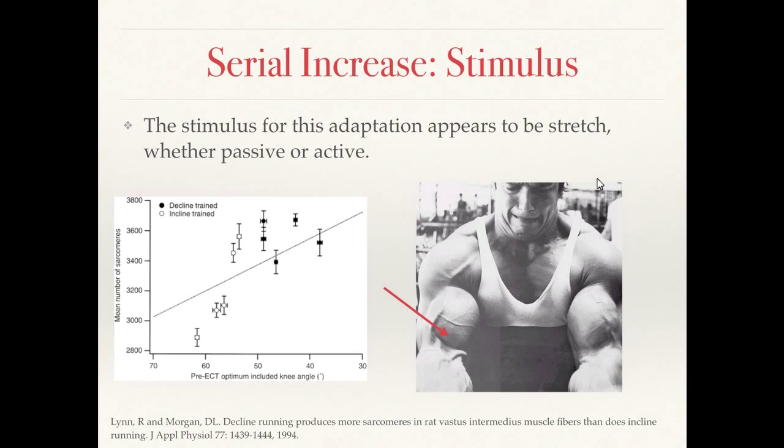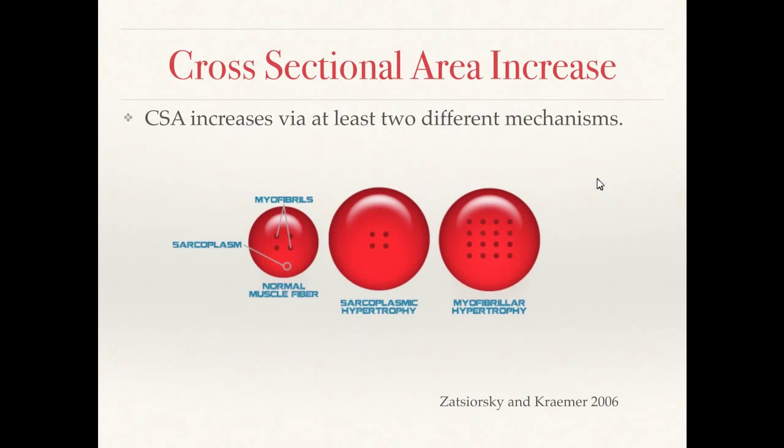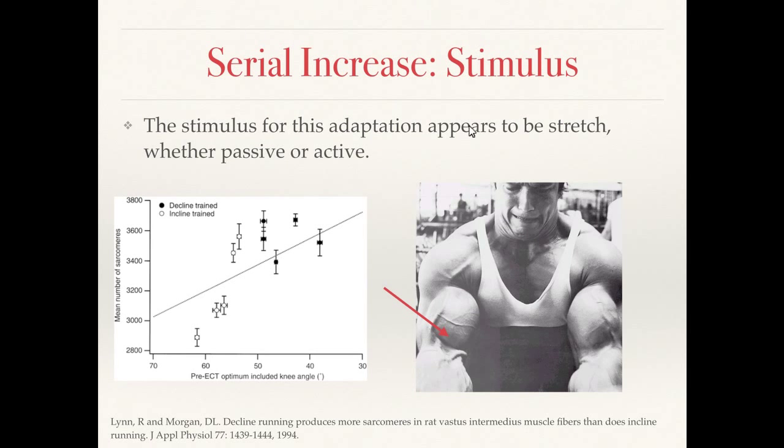This is the increase in sarcomeres that we see with the decline running, and that's the black group, as compared to the incline train group, which is the white group. Notice you have a higher amount of mean number of sarcomeres for the black group than the white group. And again, that's on the vertical axis. So when you're doing decline, more stretch, more sarcomeres.